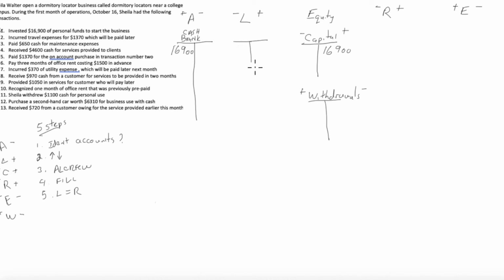So accounts payable is one account. And what's the other account? Well, think about it. She travel expense, it's in there, expense. So it's going to be an expense. So we'll label that account travel expense.